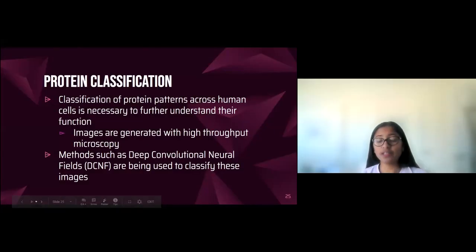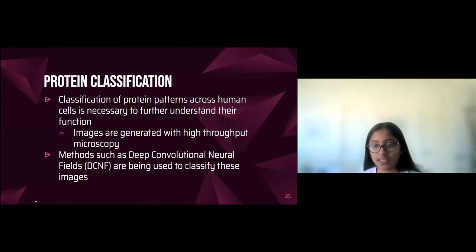So in addition to finding the function of proteins by predicting their structures, and just a side note here, a company came out with this algorithm called AlphaFold, which is the first commercialized algorithm that can actually accurately predict the structures of proteins.